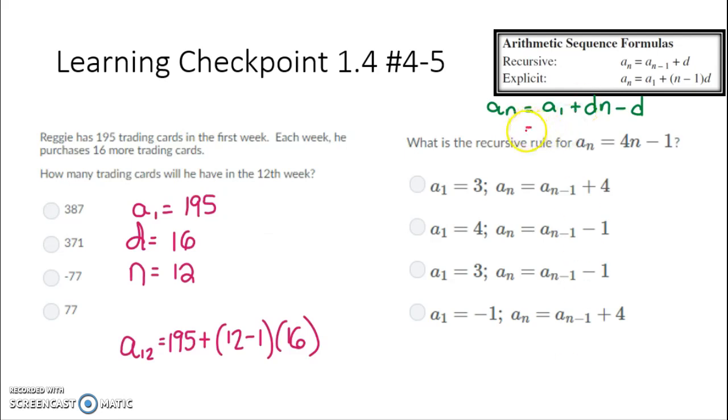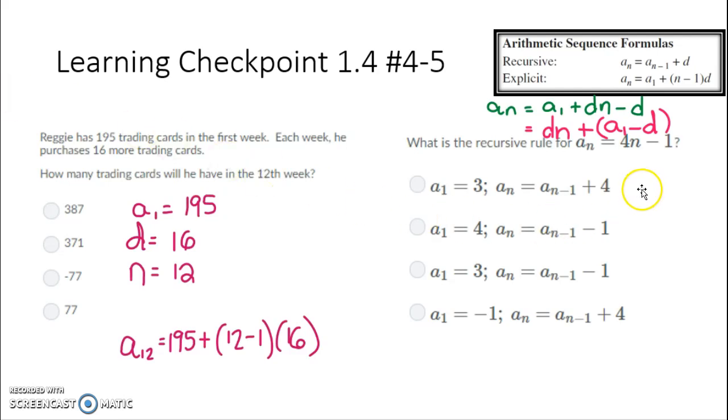So when I rearrange this, I can write the d times n first, and then I would have a sub 1, or the first term, and then minus d left over. So I'm going to put this last little piece in parentheses. A sub 1 minus the common difference is going to be the number hanging on the end of my equation.